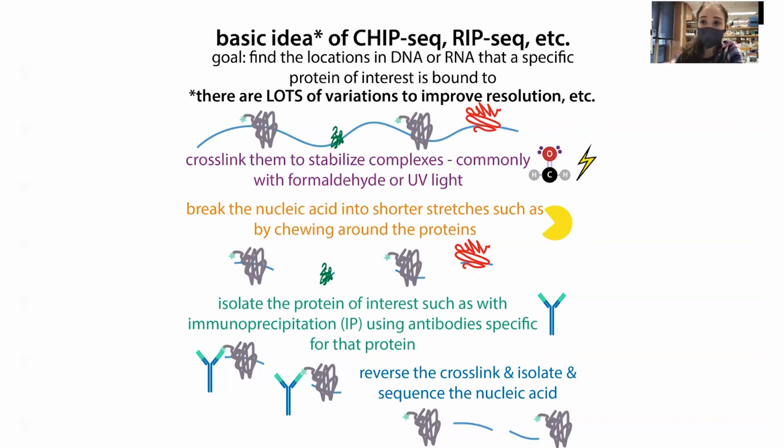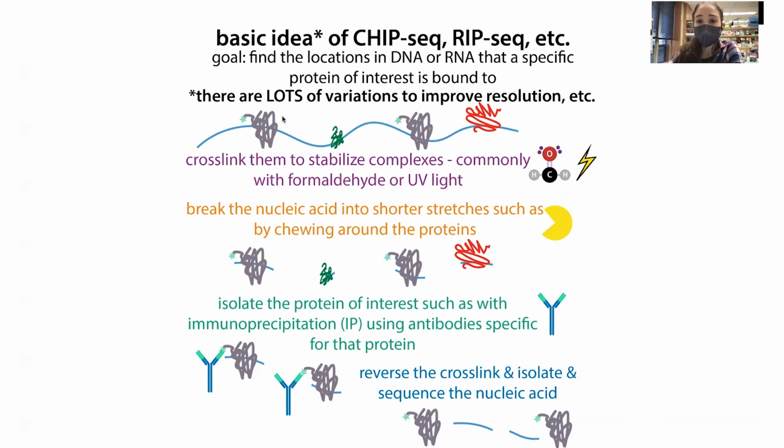So basically in that case, instead of using mass spec to identify the proteins that it's bound to, you're using sequencing. You're sequencing the nucleic acid to see where the specific protein is bound.